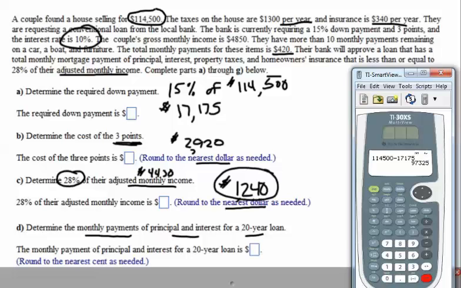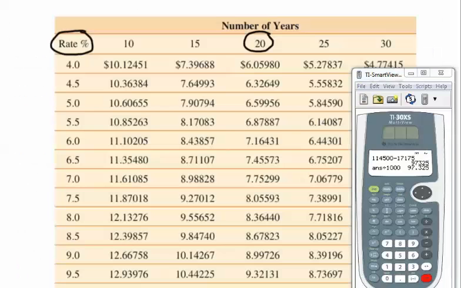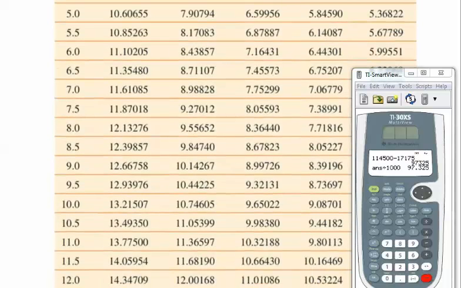So if we want to use the table to figure out our principal and interest payment, we need to know how many thousands we're borrowing. So if we divide our mortgage amount by 1,000, we are borrowing $97.325 thousand. What we do then is we go to our table. We know our interest rate is 10%.